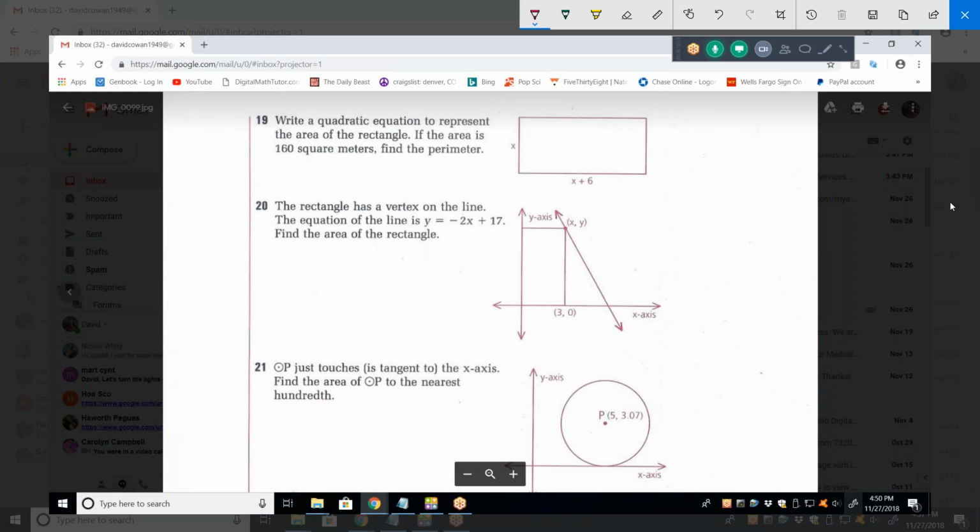A rectangle has a vertex on the line. Okay, that's the point x comma y. The equation of the line is that. Find the area of the rectangle. What's the x-coordinate of that point?